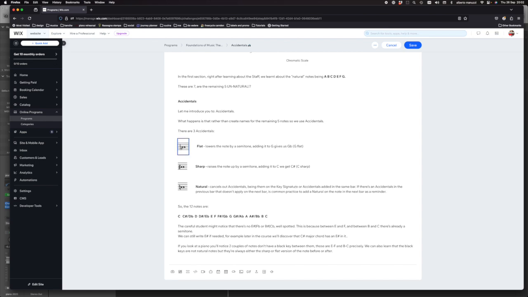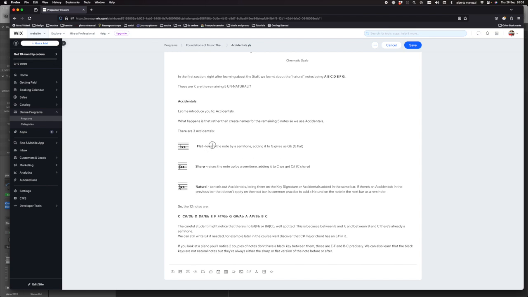So the flat is that little b that we put before the note. Why before the note? Because the musician needs to see the alteration before the note, otherwise it'll be too late. If it was after the note, we'd miss it, as we read left to right, of course.